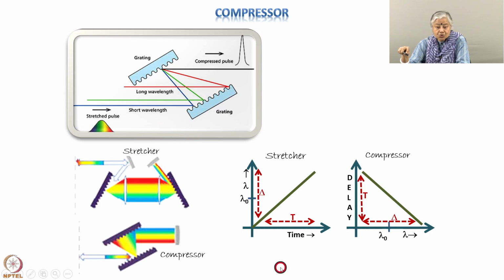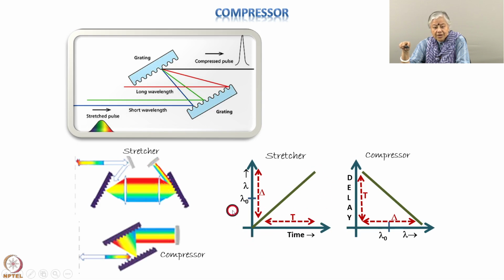So, you can show it very well in this. This is what happens in a stretcher. You had seen this picture even before. So, this is called a linear chirp. As time goes by, the frequency or the wavelength, the shortest one is here and the longest one there, or it depends.